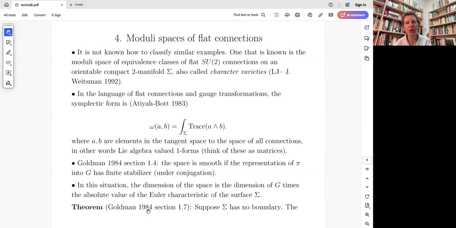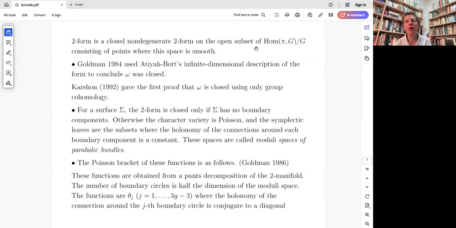So Goldman showed that if the surface has no boundary, then the 2-form is a closed non-degenerate 2-form on the open set of representations of the fundamental group of the surface into the group up to conjugation, consisting of points where this space is smooth.